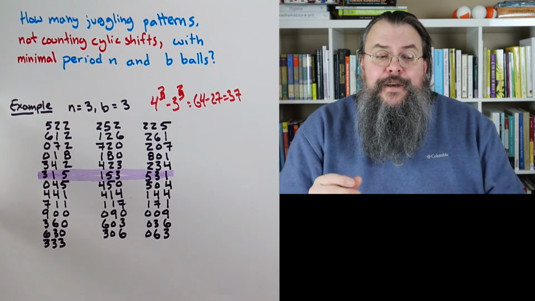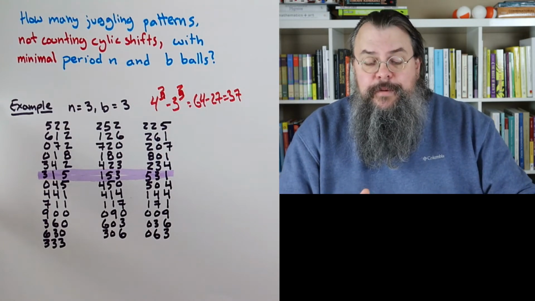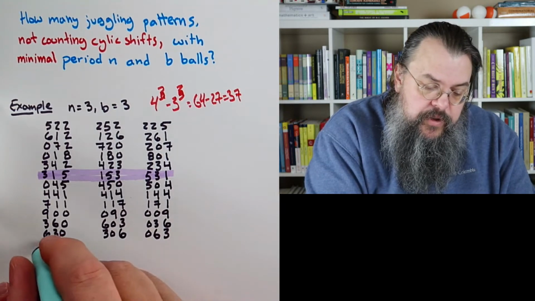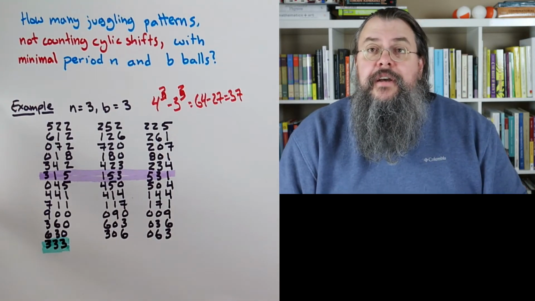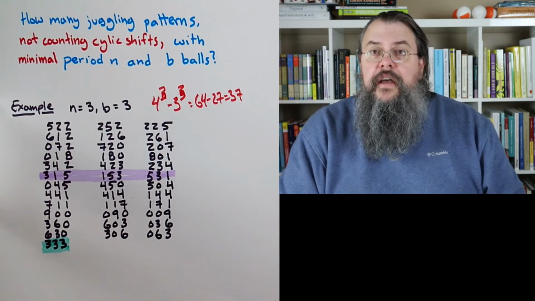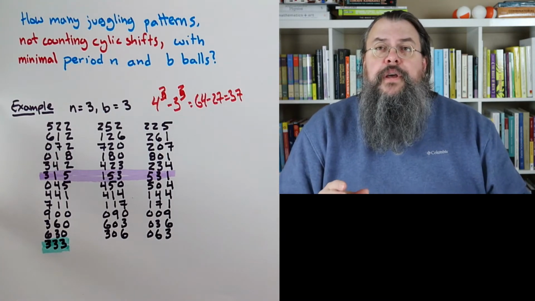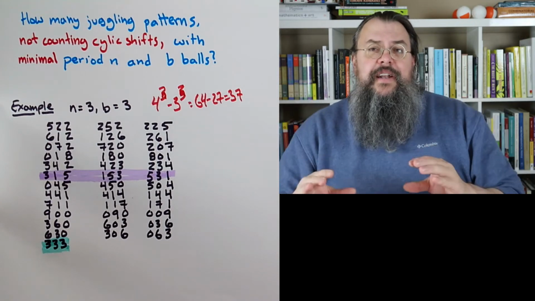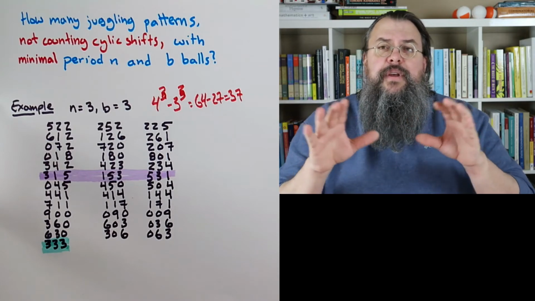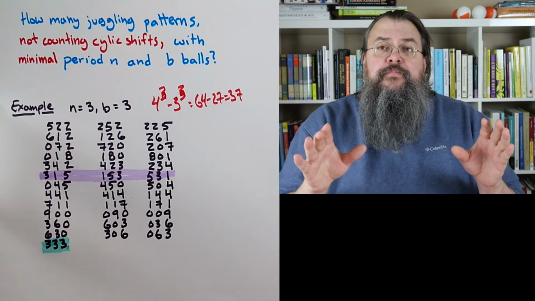Well, you can't, because there's another subtlety coming in. And that's this last one at the very bottom, 3-3-3. Now, this is a very valid description of a pattern, and nothing is wrong with it. But in some sense, it doesn't feel right, because the period seems to be misclassified.